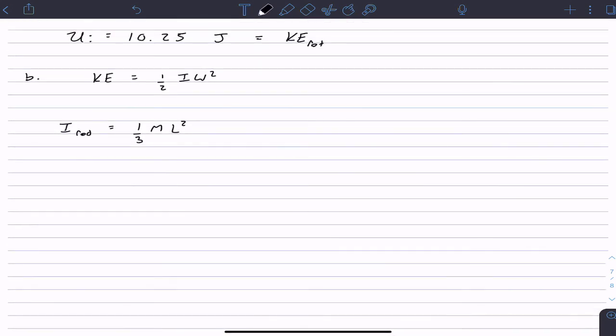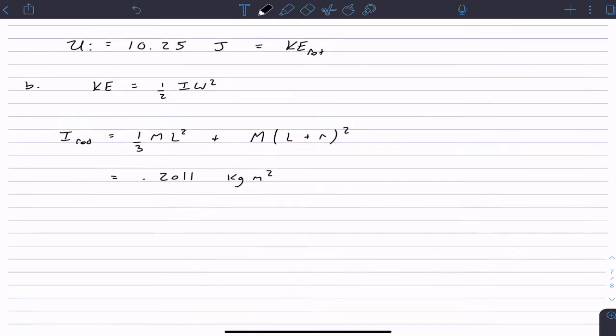So that means we have 1/3 ml squared plus big M times L plus r, squared. Well, I don't need to do this analytically because we have values for all of this, so we can just plug that in, and then I get 0.2011 kilograms meters squared.